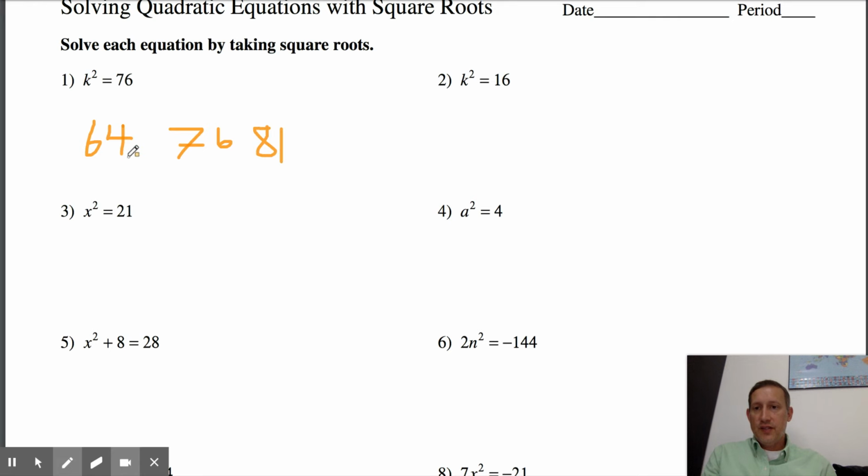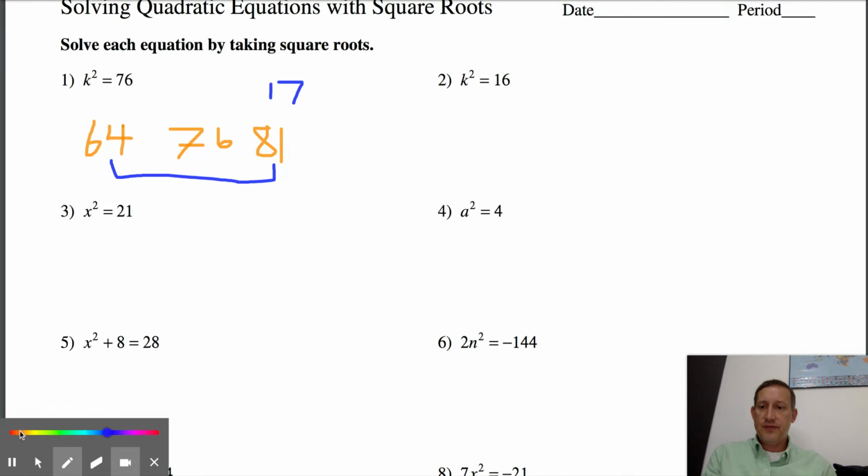Okay, so from 64 to 81 is how long? We're just going to subtract. 81 minus 64, going to have to borrow 1 there. So 11 minus 4 is 7. And then 7 minus 6 is 1. So it's 17, a distance of 17 from here to there.